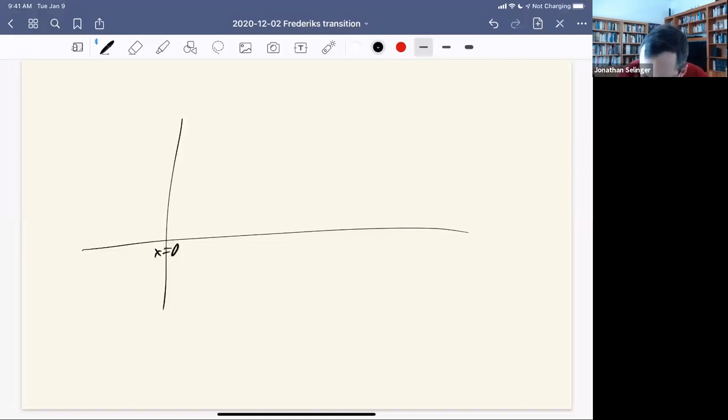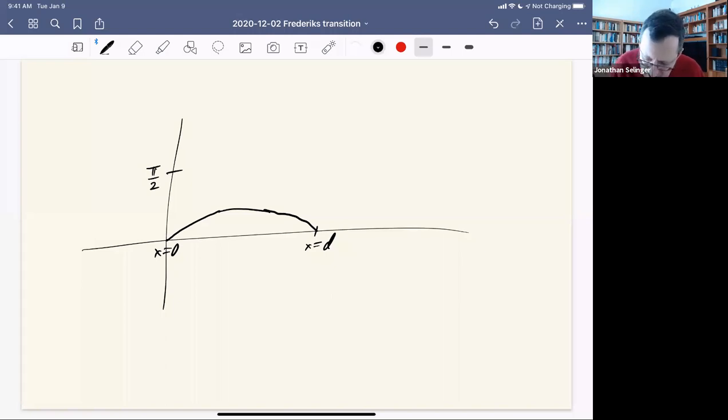Okay, then if this is x equals 0, this is x equals d, maybe it starts to go up over here, but it can't get all the way to pi over 2 because there's just not enough room. So it goes up a little bit and then it comes back down. So this could be another possibility.